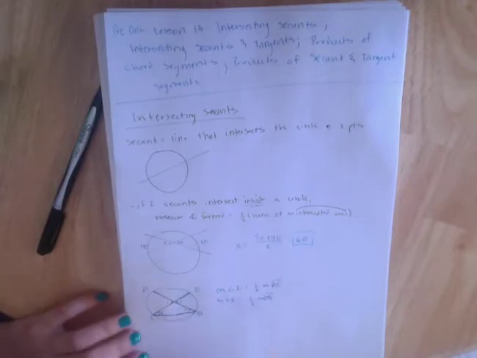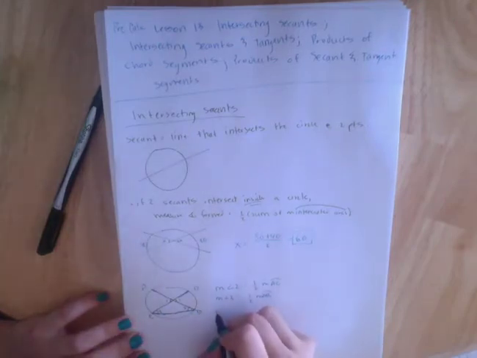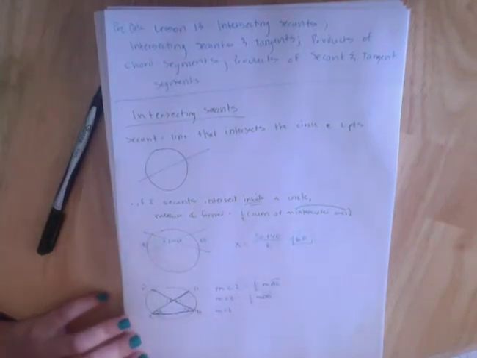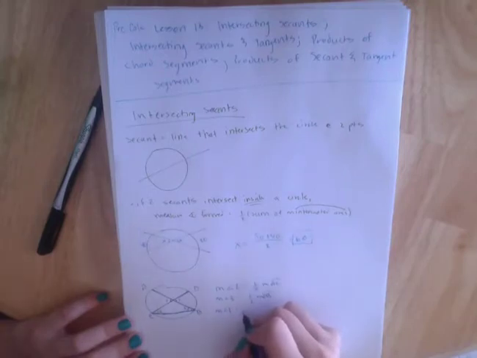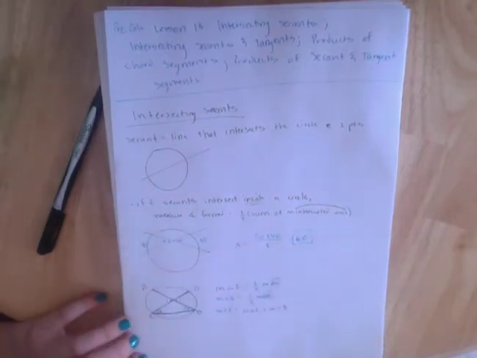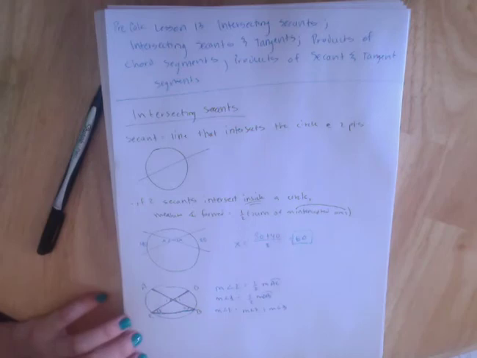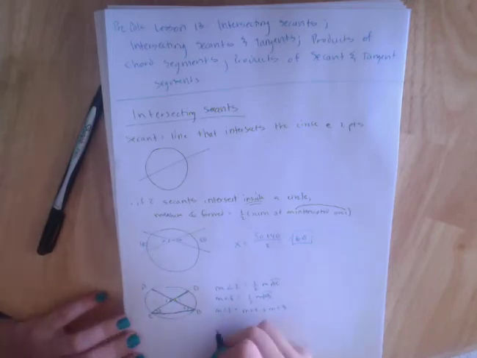Okay, we have those there. Now, the measure of angle 1 is going to be the measure of angle 2 plus the measure of angle 3, because I have a triangle that I've drawn there. I'm going to plug in what angle 2 and angle 3 are.